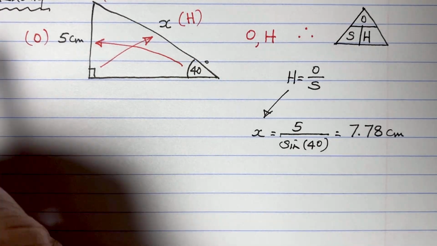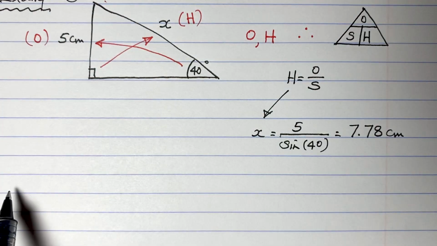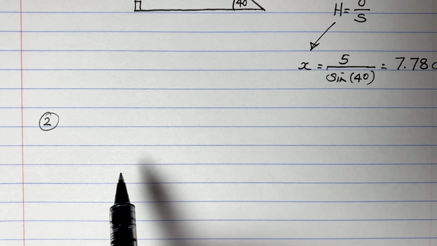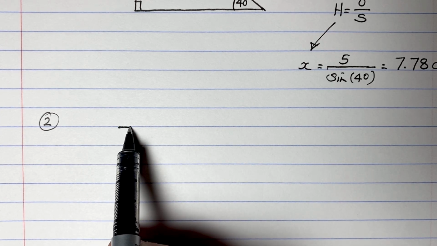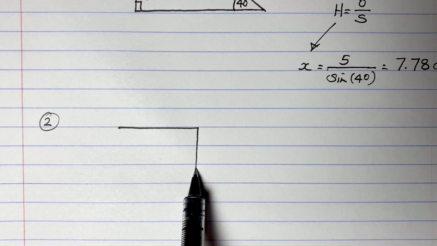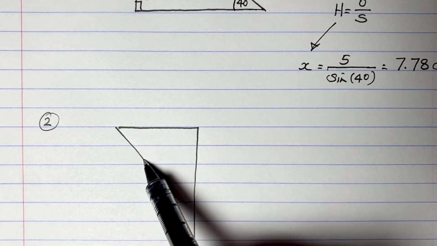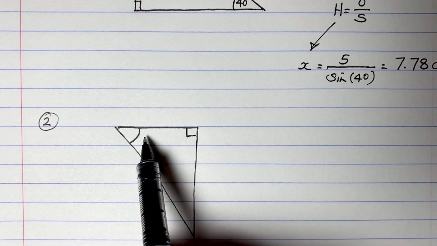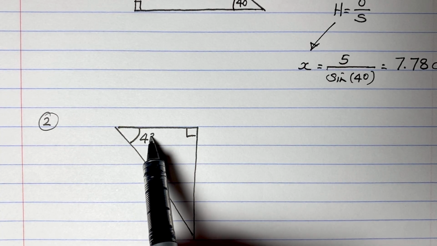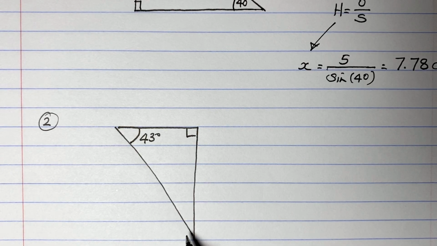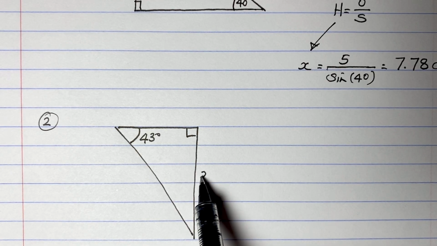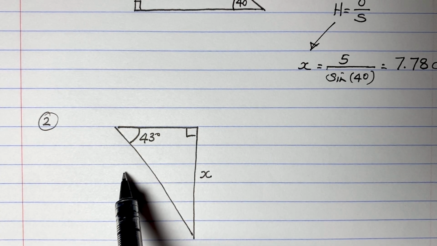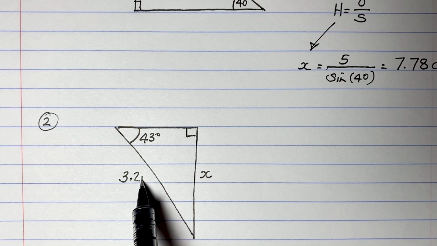Now, let's go to example 2. Let me change the orientation of the triangle. So this angle is, say, 43 degrees, and I'm looking for this side, with the hypotenuse given as, say, 3.2 meters.